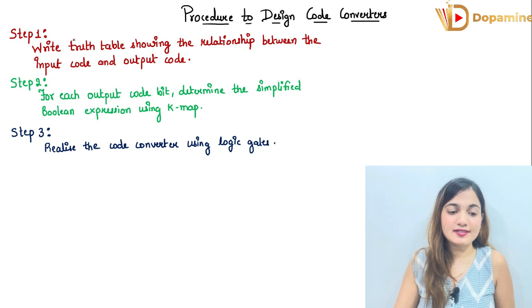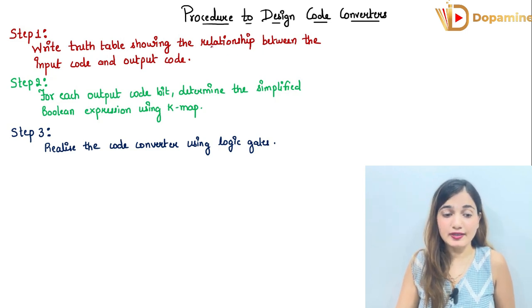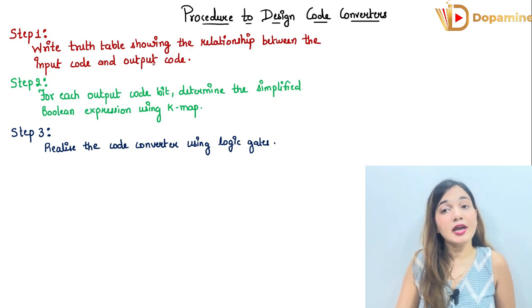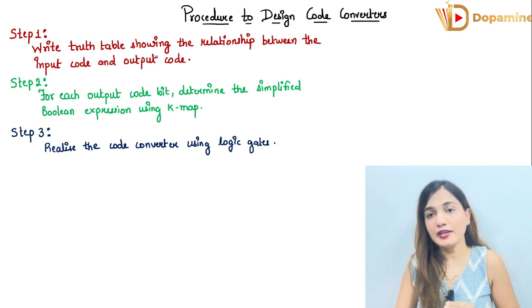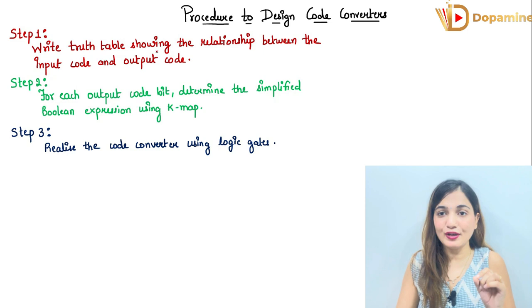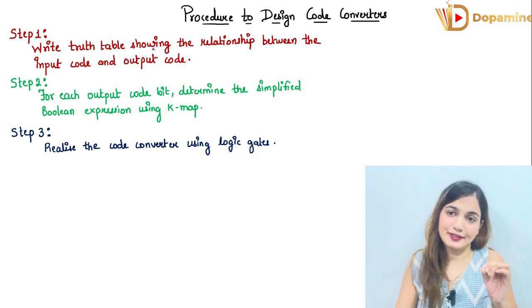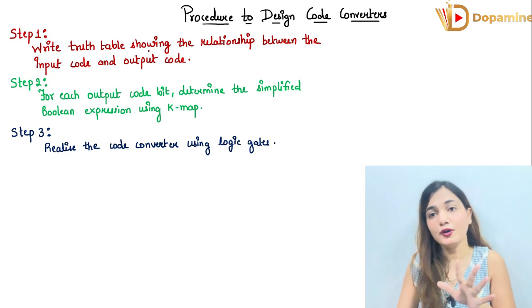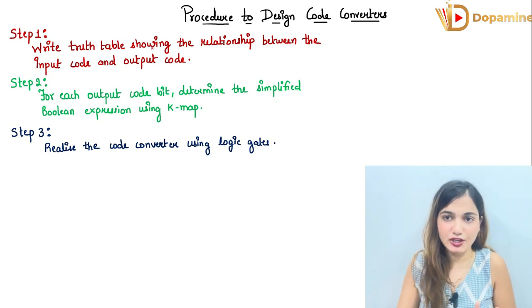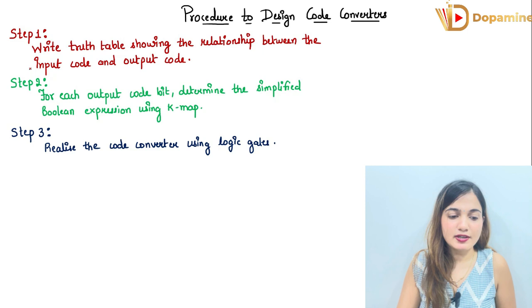Step 1 is to write the truth table and show the relationship between the input code and the output code. This step you have to do in all code conversions. If any code has to be converted to another, first of all write their truth table: the full truth table of the input code you are giving and the output code you have to achieve.